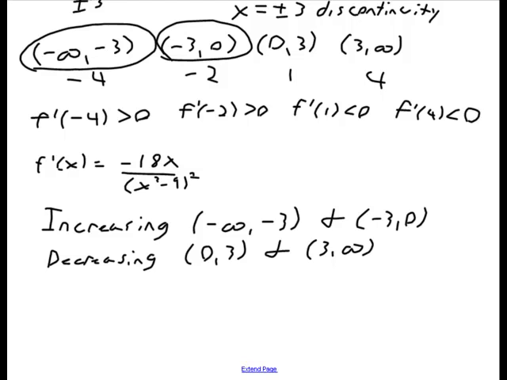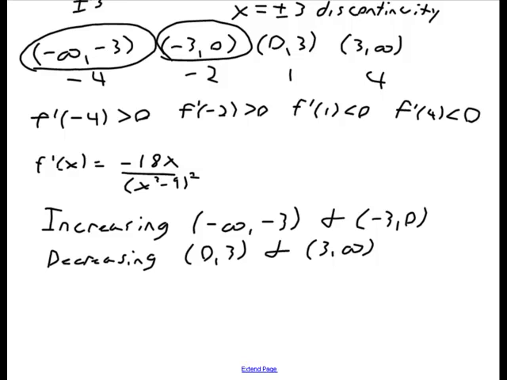And then I may also ask, what are any extremas on the graph? Well, we can get that very easily from these intervals, because we know as we're going to negative 3, we're hitting an asymptote, so it's undefined on the original graph. It can't be an extrema. But as we go to 0, our function's increasing. When it gets to 0, it changes and it starts to decrease.